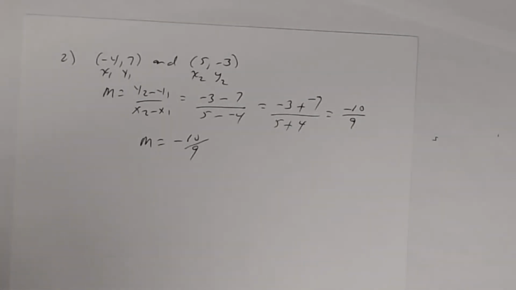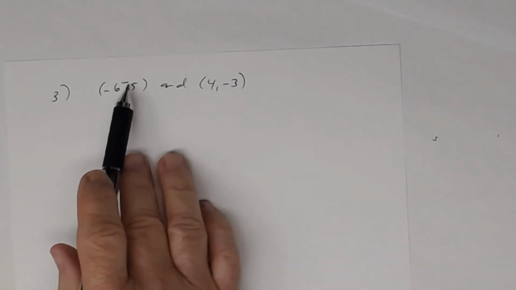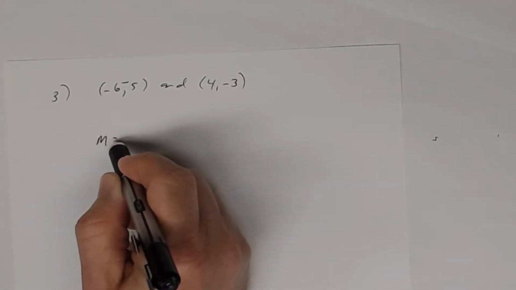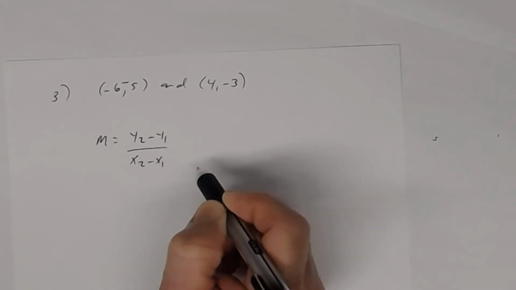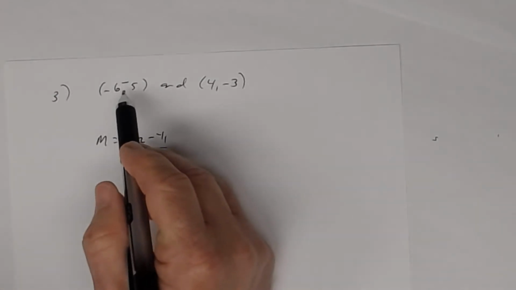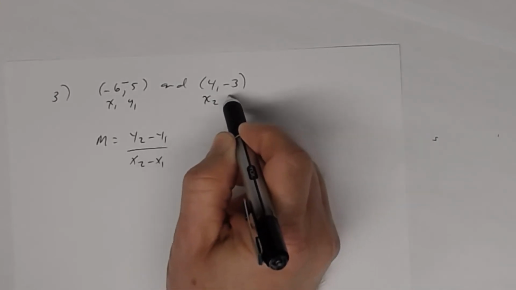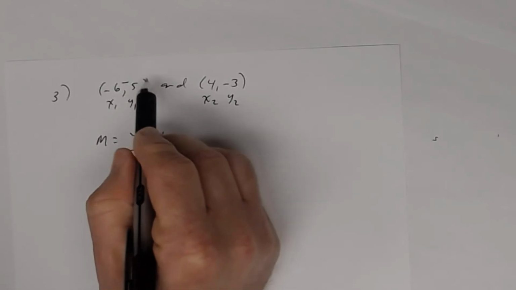Let's look at number 3. All right, so number 3, we have the point -6, -5, and then 4, -3. So let's go ahead and find the slope. Remember, the slope formula is y2 minus y1 over x2 minus x1. And then it helps to label the points. So let's call this x1, y1, and this will be x2, y2. And again, it does not matter whether this is x1, y1, or this is x2, y2.